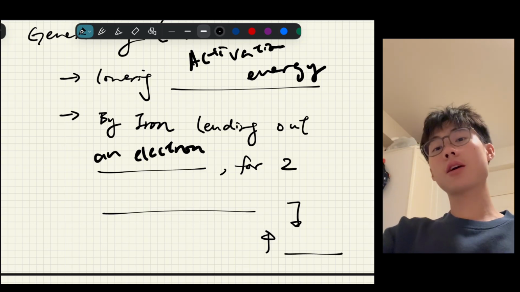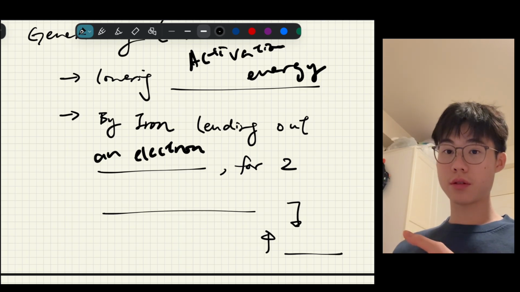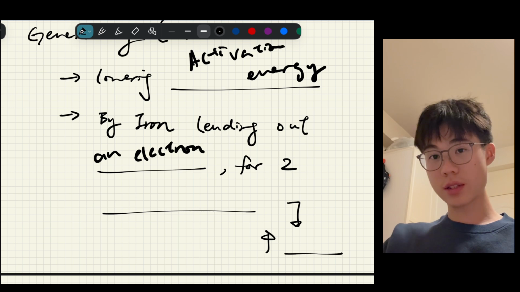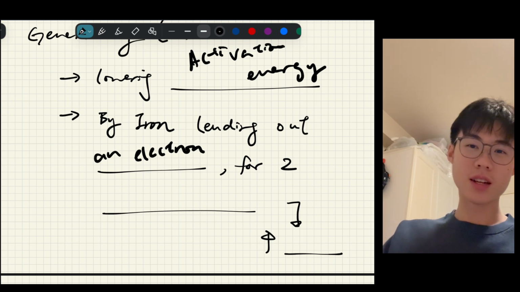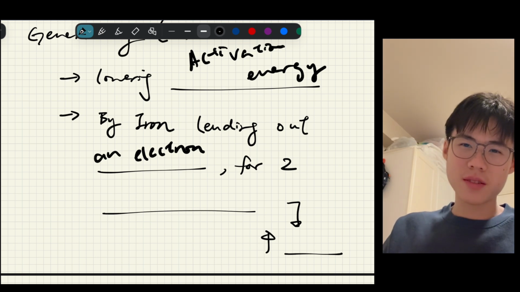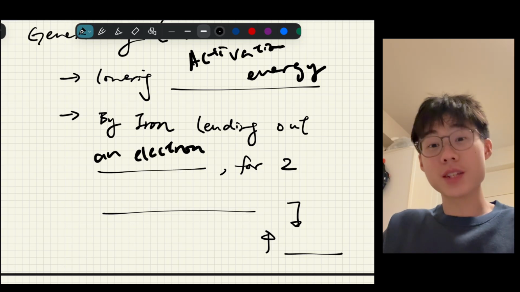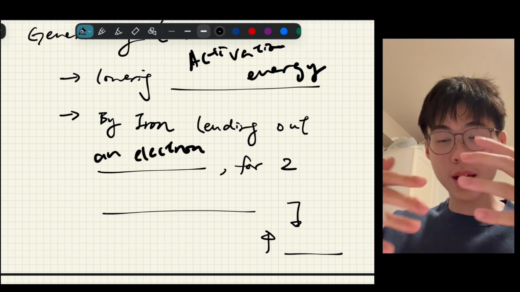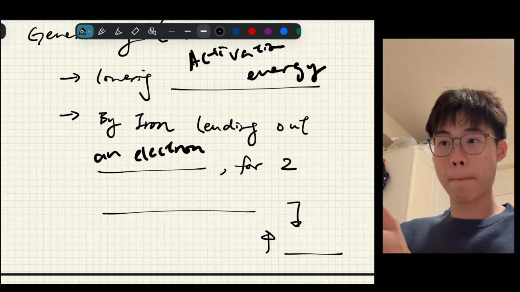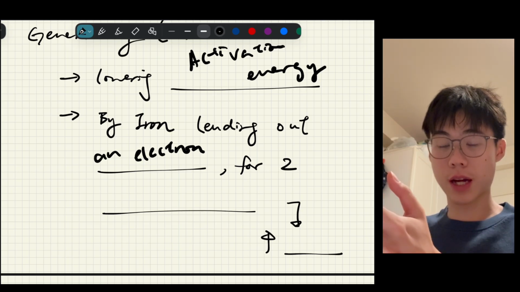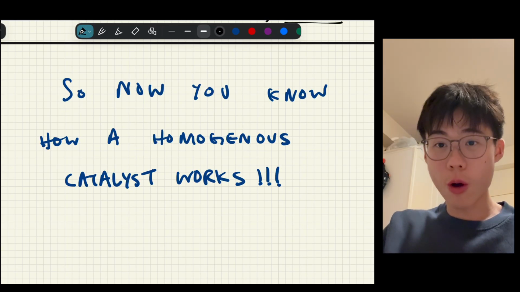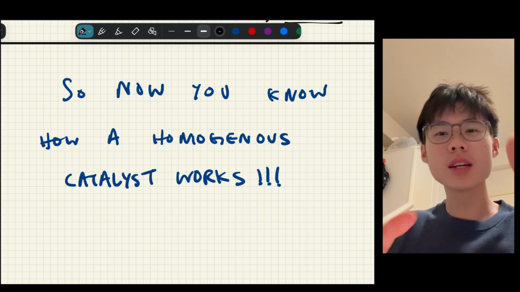It let out an electron that iodide should have lent out to complete the reaction, but Fe2+ did it first, because they want to speed up things. Maybe perhaps they want to go home faster. I don't know. However you like to think about it. And then afterwards, iodide pays it back, turns to iodine, and Fe3+ goes back to Fe2+. Understand? So now you know how a homogeneous catalyst works.